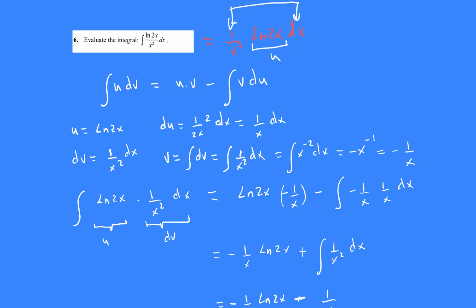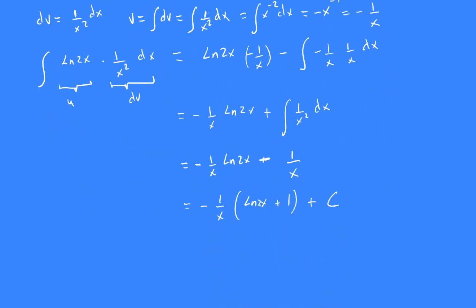Doing this, an integral will appear that is much easier to solve than the original integral. So the integral of x to the minus 2 is minus 1 divided by x. So the final solution that we have is that the integral of natural log of 2x times 1 divided by x squared dx is equal to minus 1 divided by x times natural log of 2x, plus the integral of 1 divided by x squared, which is minus 1 divided by x.